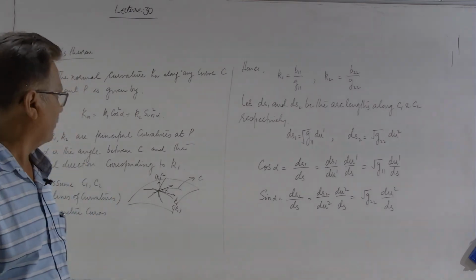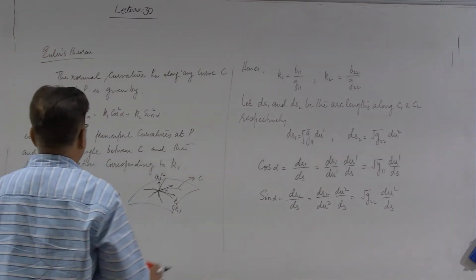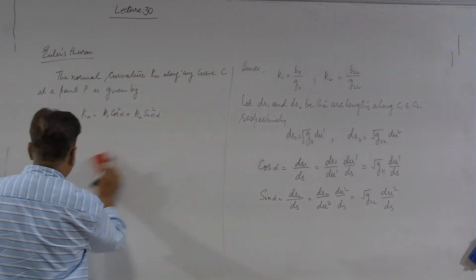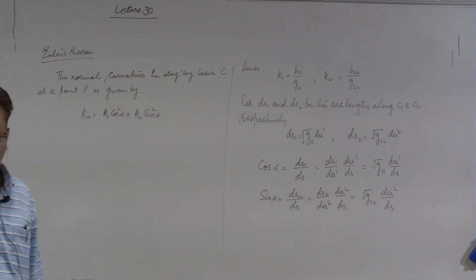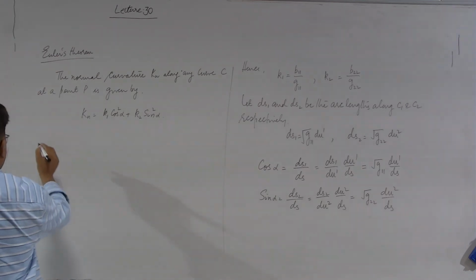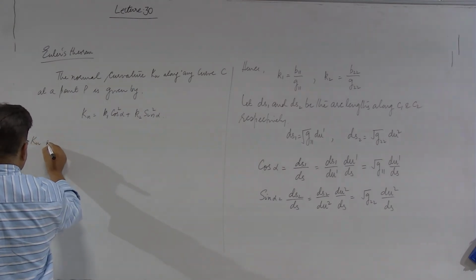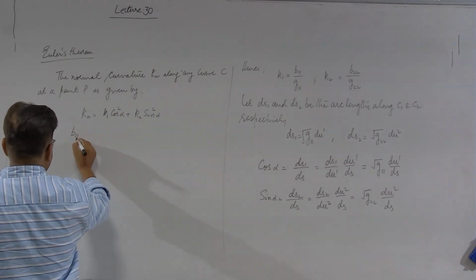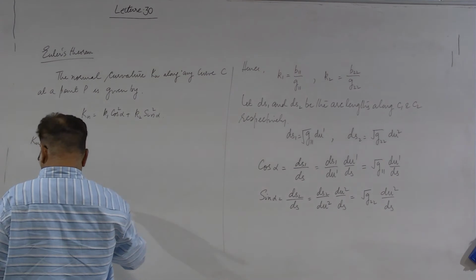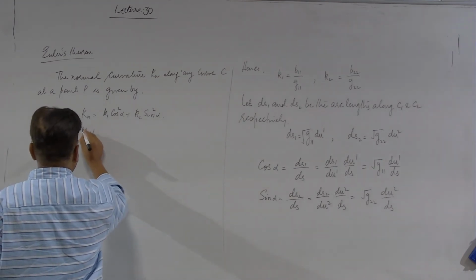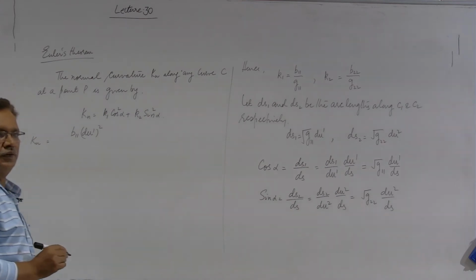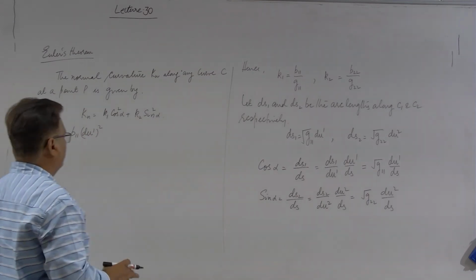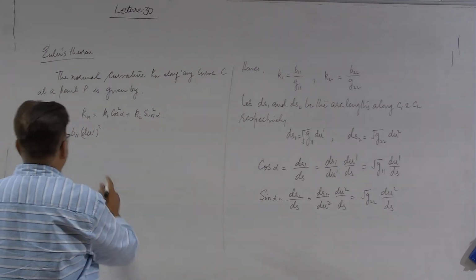Now, k n we have to see. k n will be equal to b11 into du1 square plus 2 times b12 into du1 du2, but b12 is 0 because the lines of curvature and parametric curves are the same; from the last theorem b12 is 0.